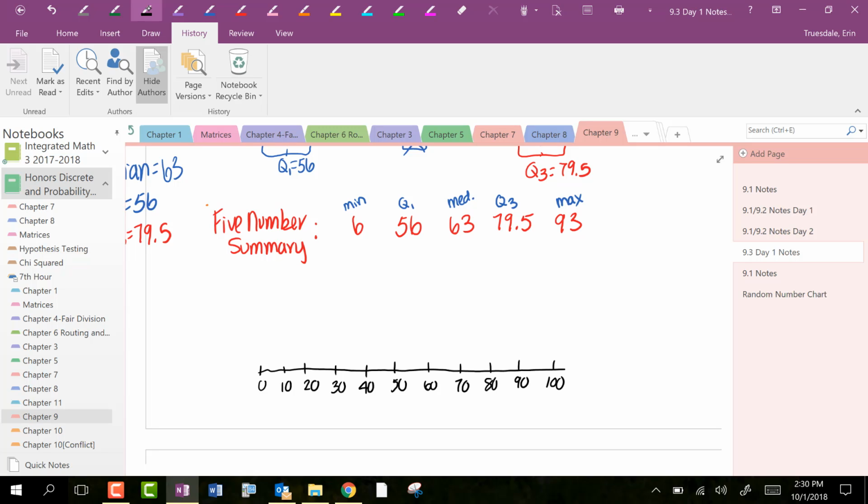We're going to put our min in. It's at 6, so that would be down here. I would draw the box before you try to put in the whiskers.